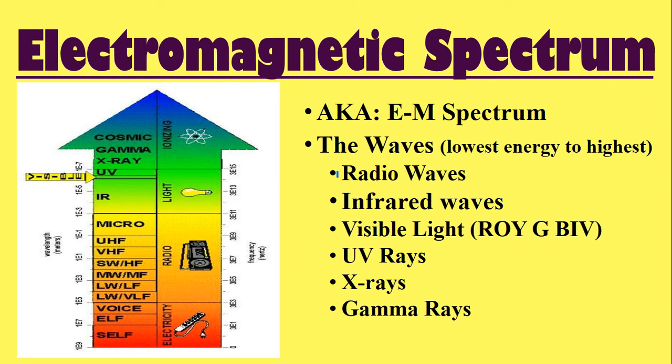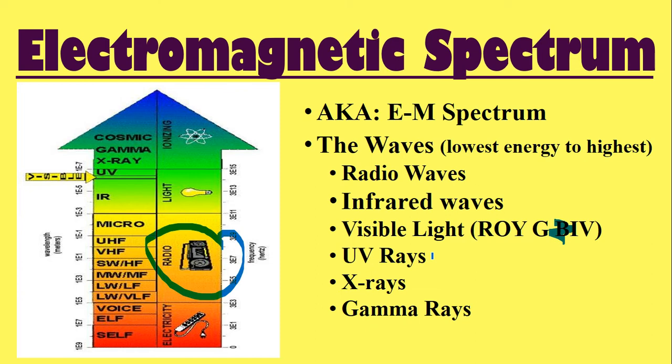So you have radio waves, which have the lowest energy, right here. And then you have infrared, which we use to see body heat, followed by visible light, which is ROY G BIV: red, orange, yellow, green, blue, indigo, and violet. They combine together to create white light.